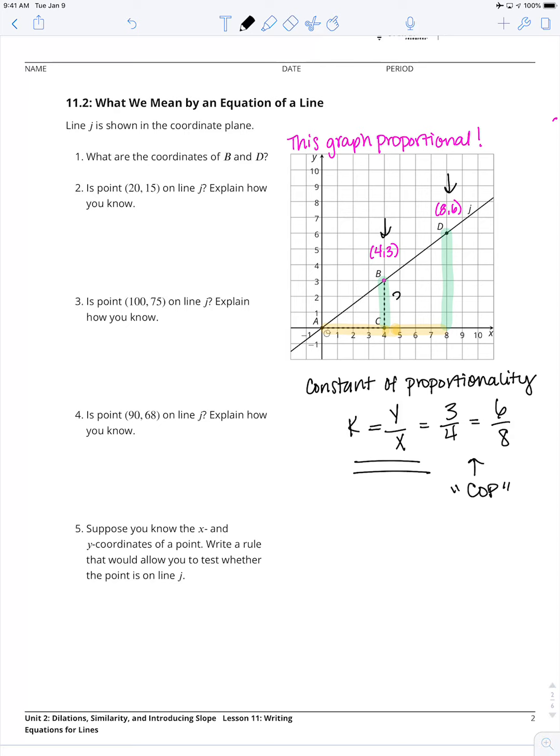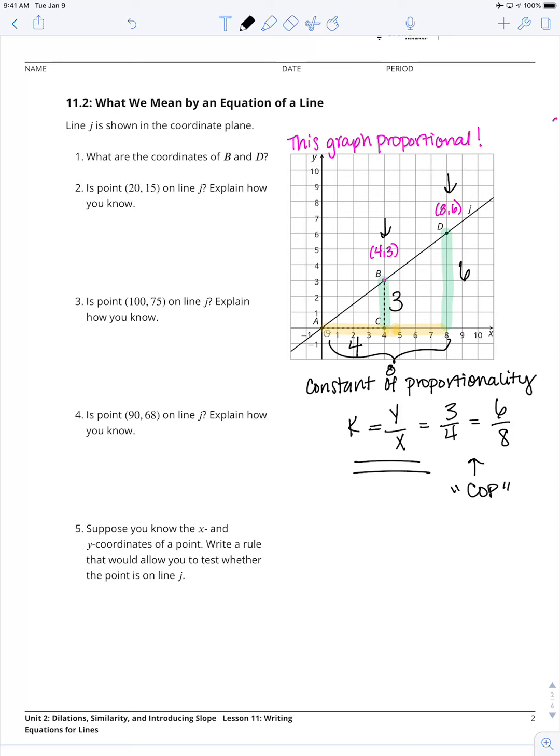So BC right here is 3 and AC is 4. That's essentially y over x in this situation. For the larger triangle, 6, and then on the bottom here, that's 8. It's also equivalent to 3 over 4. So that quotient is what's allowing me to determine if other points are proportional.